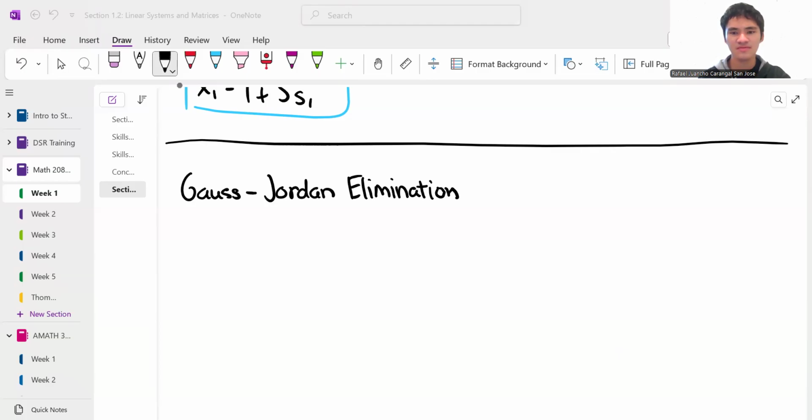Okay, a lot of computations. Okay, let me just say it. Okay, because the example is pretty weird. Hmm.